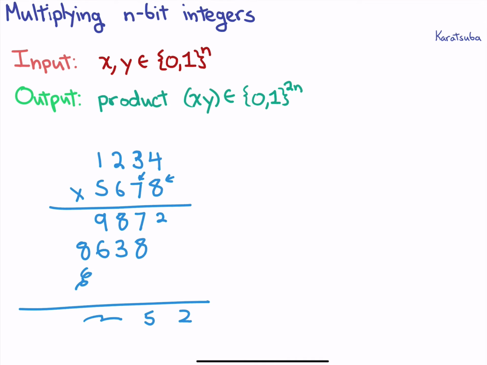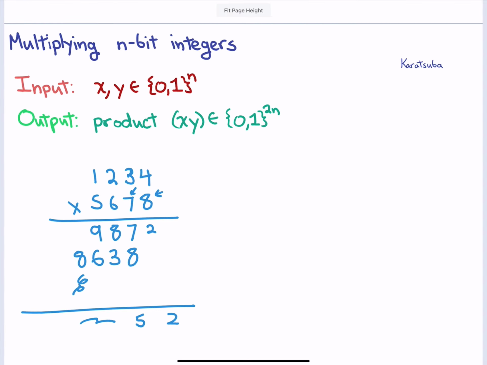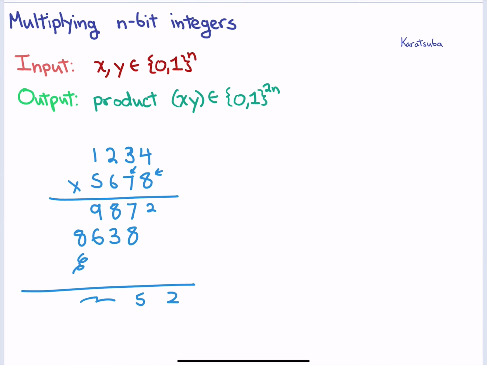But if you're given n digits, whether it's bits or in decimal, how long would this take if I turn this into an algorithm, if I coded this up? How long does this algorithm take? Oh, O(n) squared, okay?